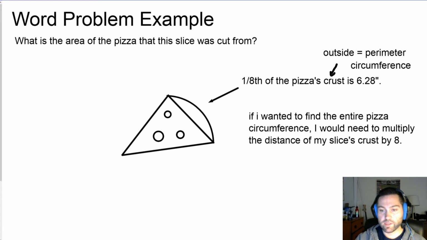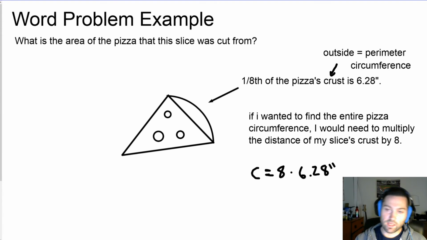So what I am going to do is say the circumference is equal to 8 times 6.28 inches. And that's because I know that I have 1/8 of it, and the opposite of 1/8, to make one whole, would take 8 sections of those.